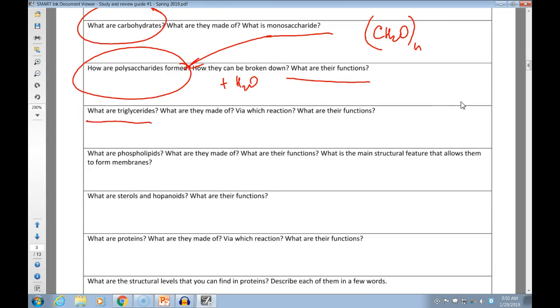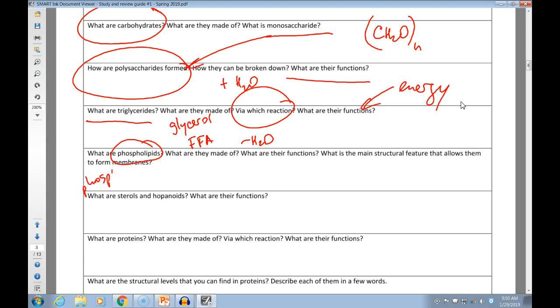Triglycerides or fats made of glycerol and free fatty acids. Reaction, dehydration. Functions, energy. Phospholipids, I'm not going to draw the structure, but you have phosphate, glycerol, and free fatty acids.